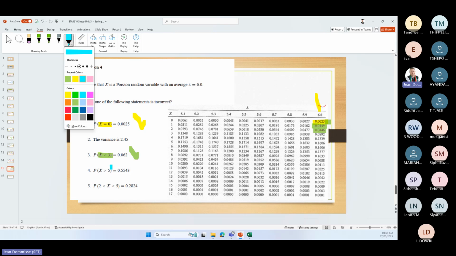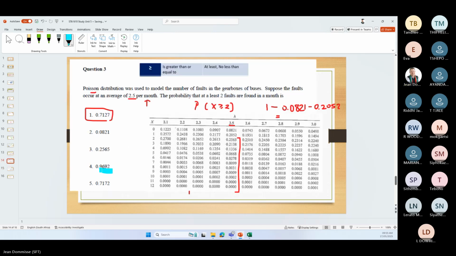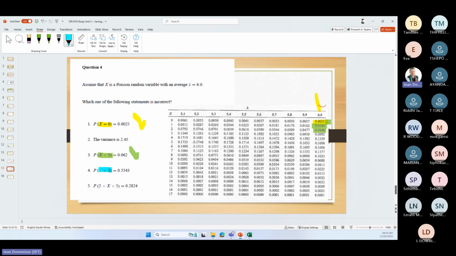Let's just get x bigger than 5. So x bigger than 5, sure, so it's from 6. Okay, that's a lot. So you can add all of those together, or you can say 1 minus those components.